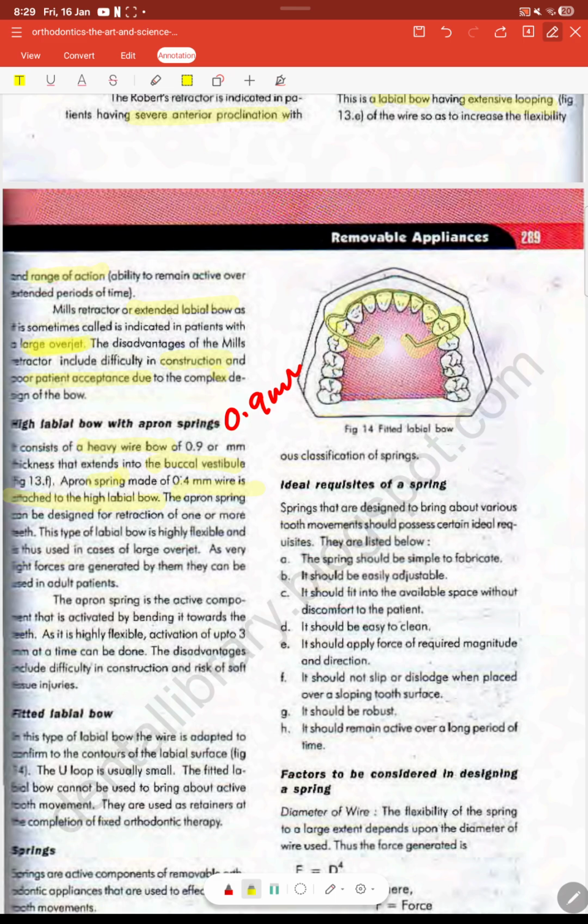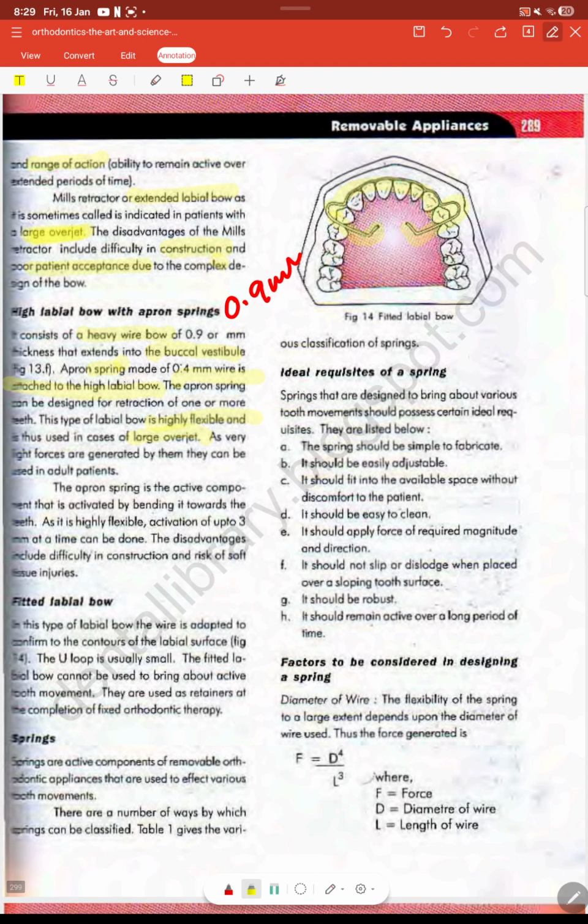This type of labial bow is highly flexible and is used in cases of large overjet, as very light forces are generated by them. They are also used in geriatric patients.